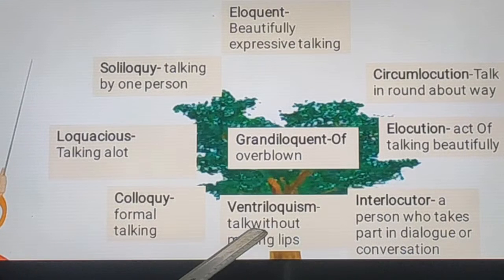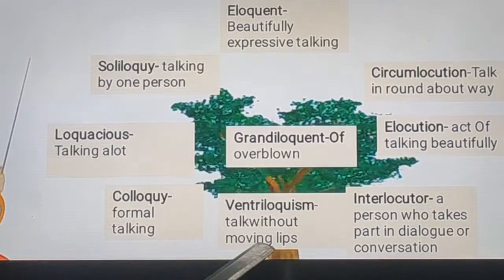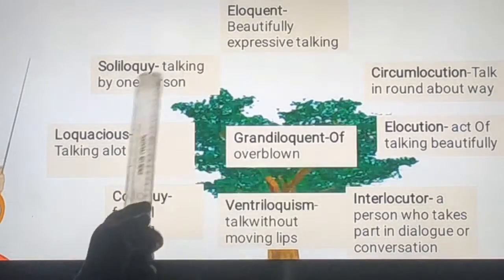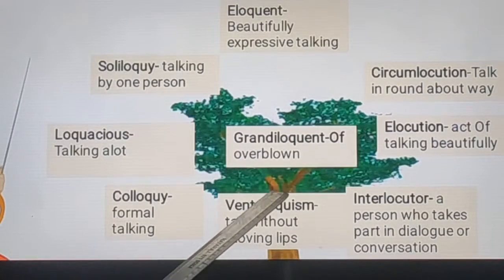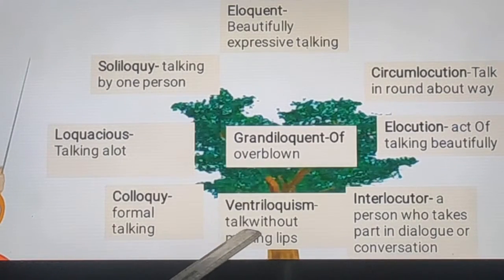That type of talking. Do you understand? Ventriloquism means talk without moving lips. These are all words related to talking, and the root word is loqu.